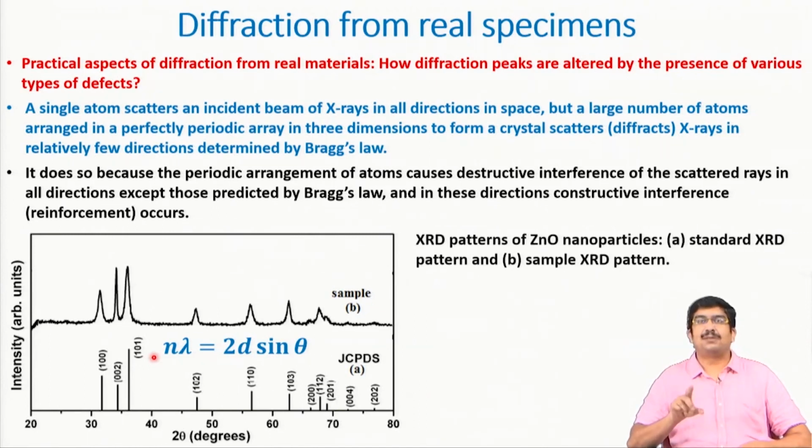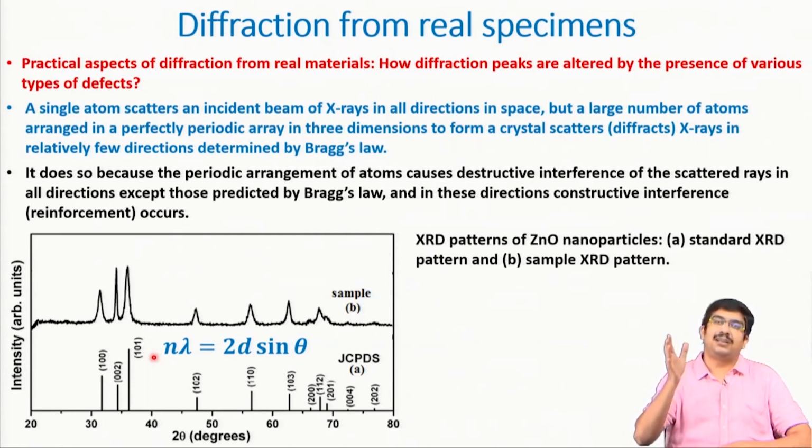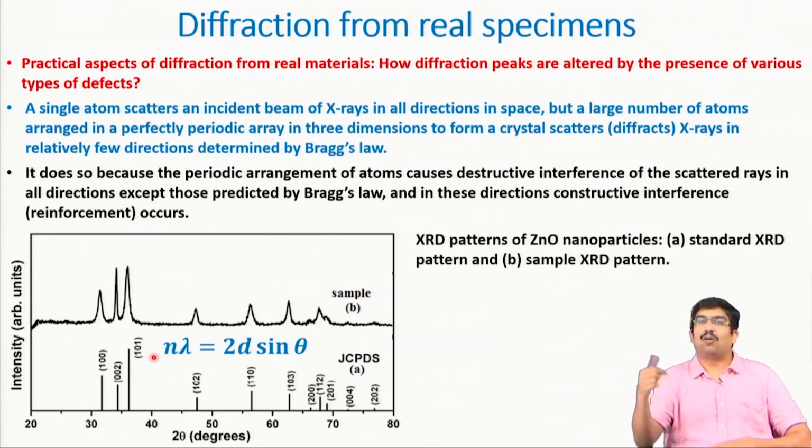But when that atom is a part of a unit cell, because of the crystalline periodicity, because of the crystalline arrangement, what happens is that the X-ray beams are constructively reinforced along certain, very specified directions, and in certain other directions there is complete destructive interference.